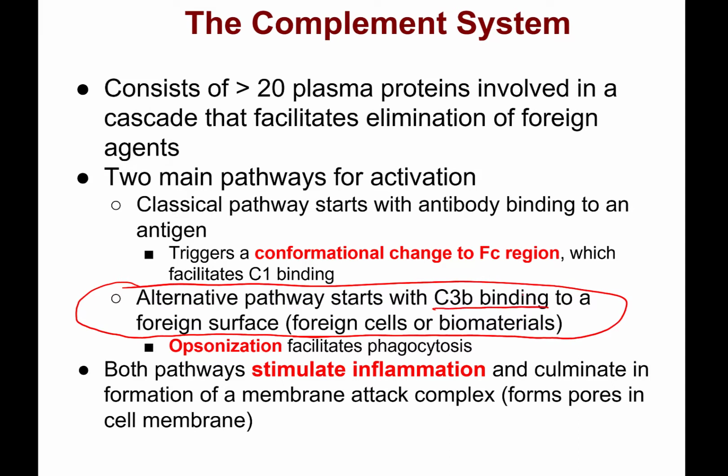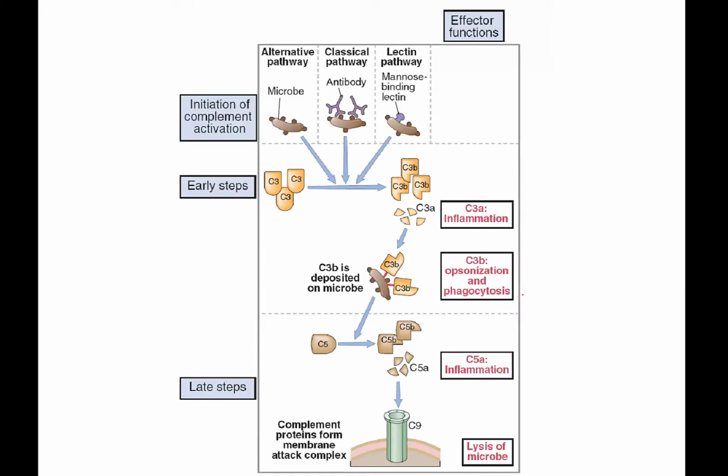So that can happen on the surface of a material, and then that will kick off the complement cascade. And then that was illustrated here. So we have C3b adsorption here, and then we'll proceed through the complement pathway. And then that's very problematic because it triggers a lot of inflammation, and then it also culminates in the formation of the membrane attack complex.